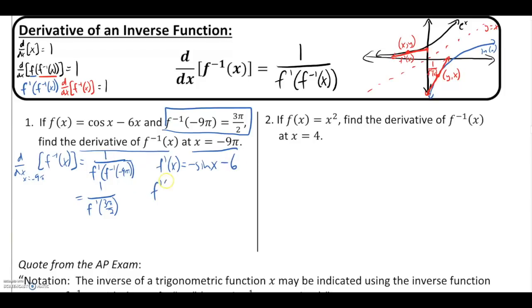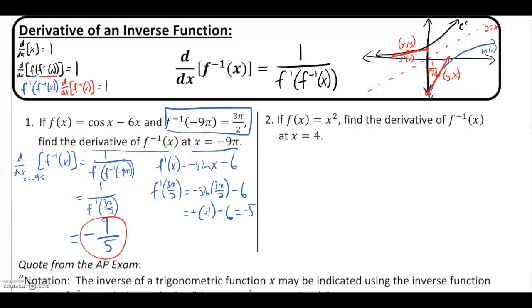And so what we want is f prime of 3 pi over 2, which would be negative sine of 3 pi over 2 minus 6. Sine of 3 pi over 2 is a negative 1. So negative 1 is going to be a positive, and 1 minus 6 will give me a negative 5. So 1 over f prime of 3 pi over 2 will be negative 1/5.